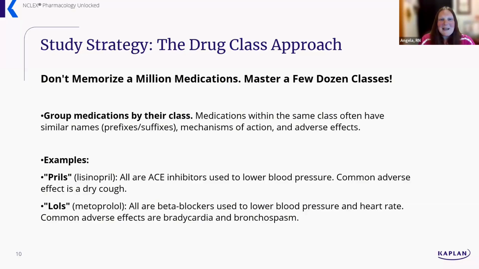You've got it, Strudy. We're going to get to that one. I love that you know it. Beta blockers will lower blood pressure and heart rate. Common adverse effects are bradycardia and bronchospasm. So keep going in this fashion. Take a class of medication and learn some very specific things that are for that class.